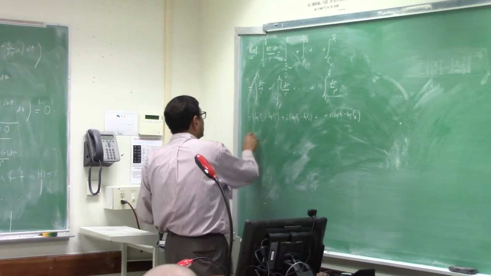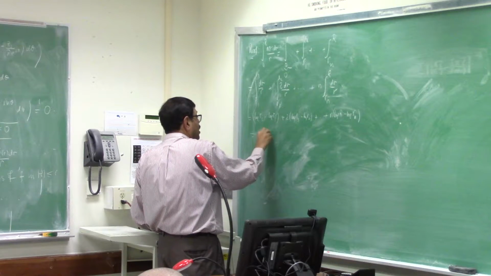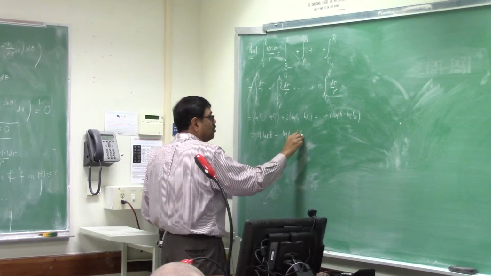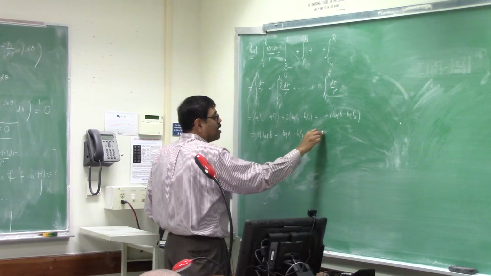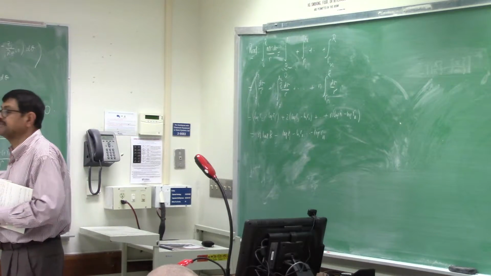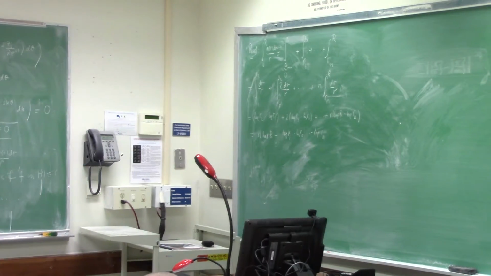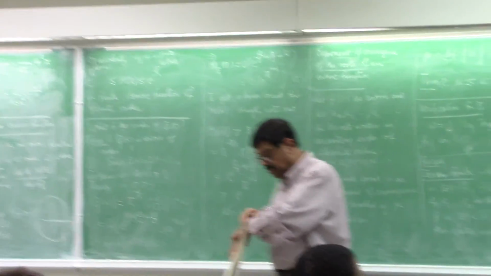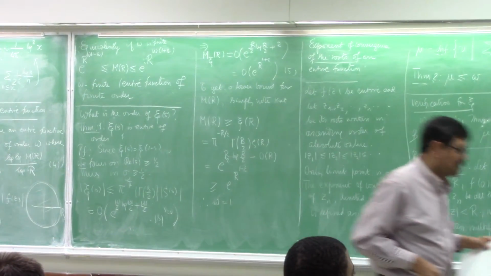So you end up with n log R minus the logarithm of R1, R2, Rn. That's precisely this. So that is, okay. Finally, to get to the exponent, finish this.